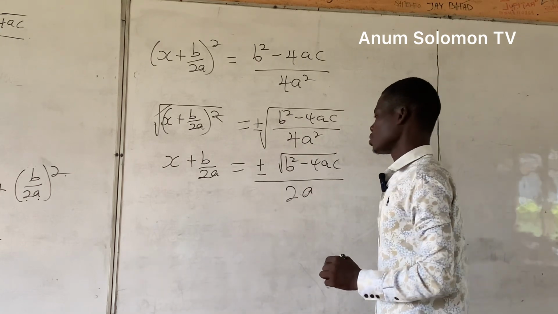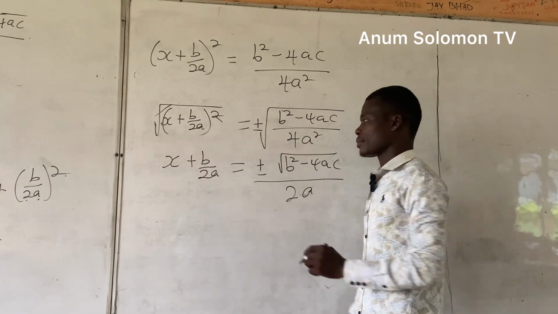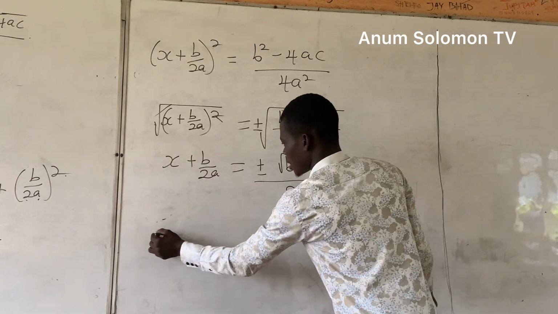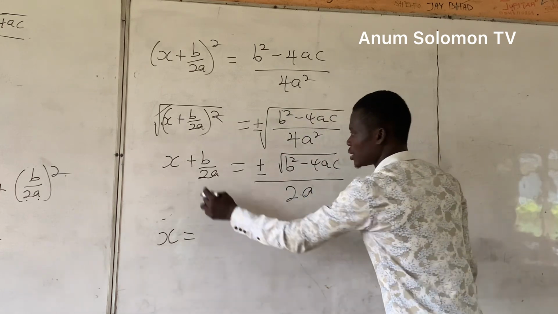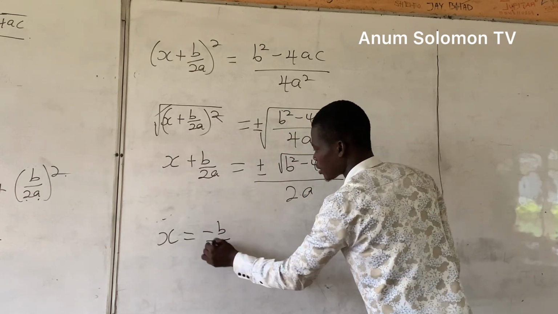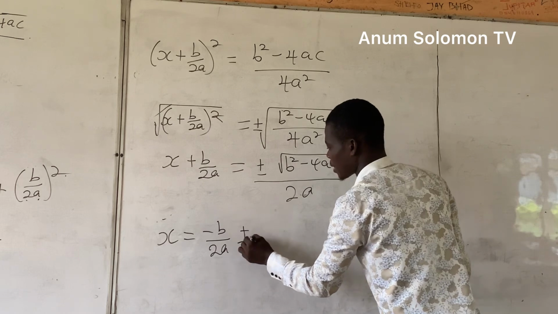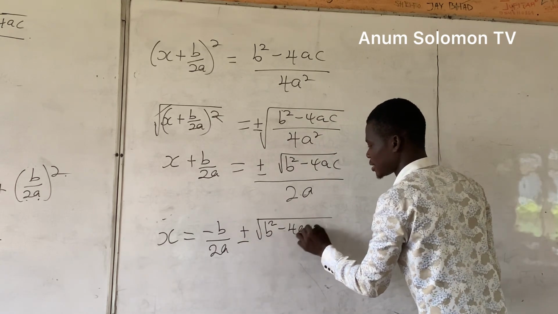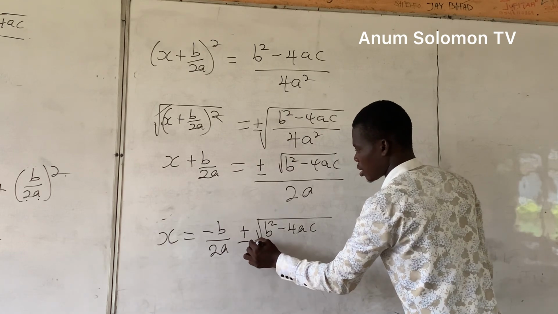Let's make x the subject by sending this term forward. We have x is equal to minus b over 2a plus or minus the root of b squared minus 4ac all over 2a.